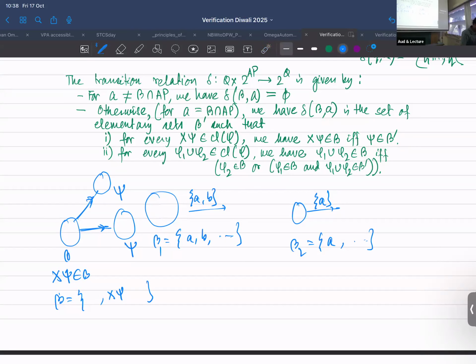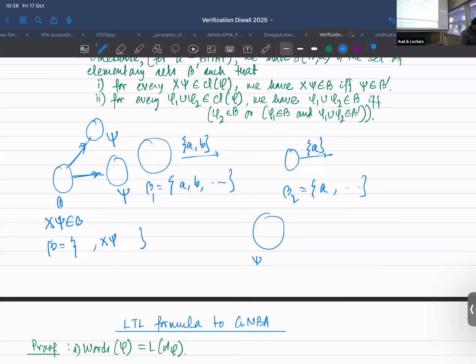So let's say here you have phi 1 until phi 2. This belongs to beta. And suppose you also have phi 1 belongs to beta, then you will make transitions to all these states where phi 1 until phi 2 belongs to beta prime. So all such beta prime will make a transition. Clear? Okay.